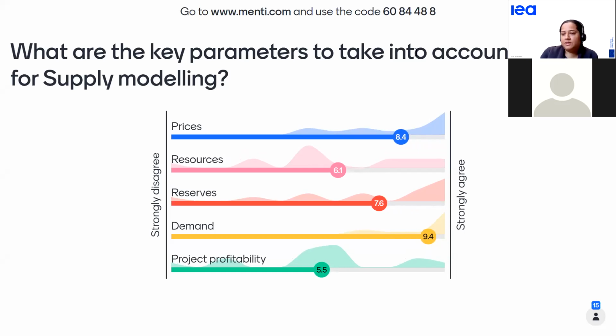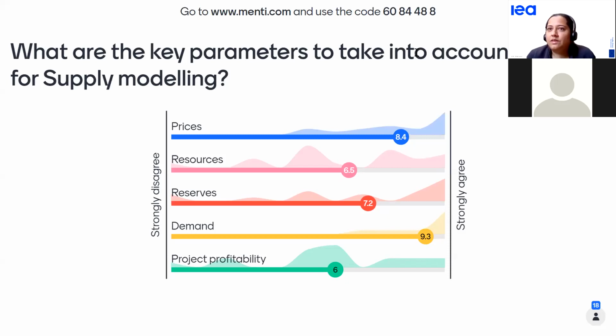Very good. We have many people participating. So demand is the first one, which is very interesting, and good that you think that when you do supply modeling, taking into account the demand is important, and not only the supply factors.